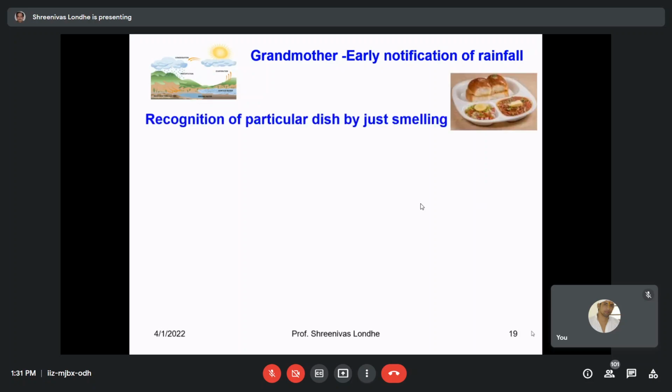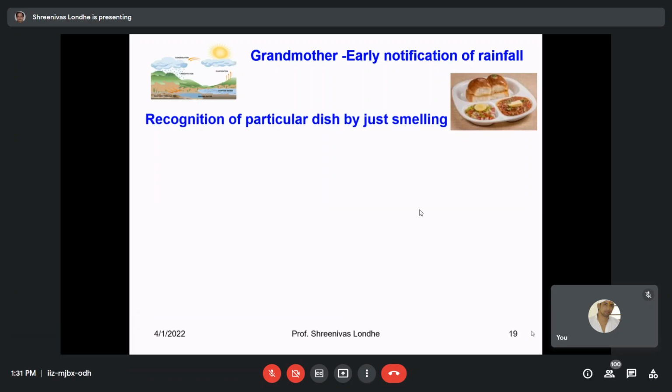Another very simple incident in our day-to-day life: by smelling a particular dish in our kitchen, even if we do not see the dish which is going on in the kitchen, just by smelling in an outside room, we can recognize that particular dish name. Oh, today jalebi is being made, today some papda and dhokla is going on, or any other thing.